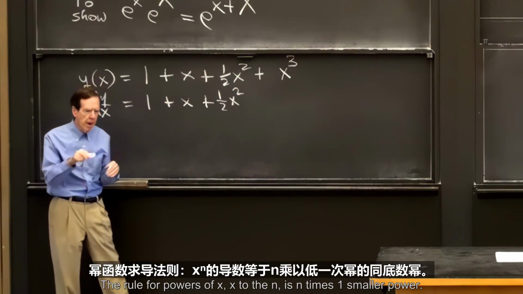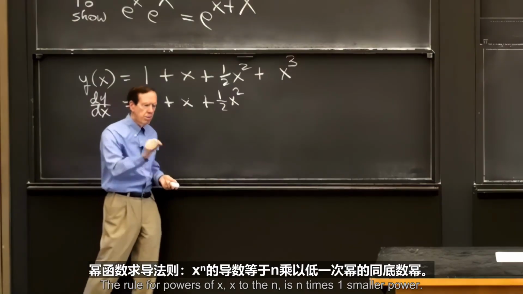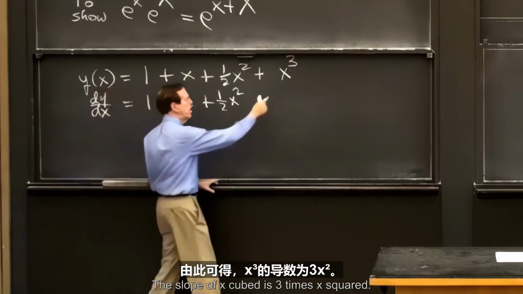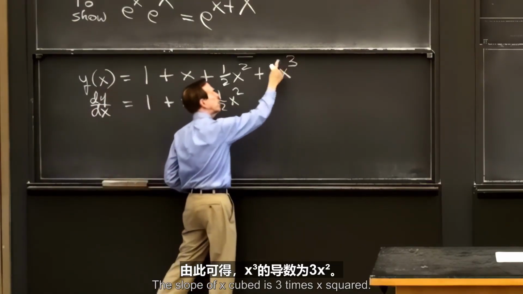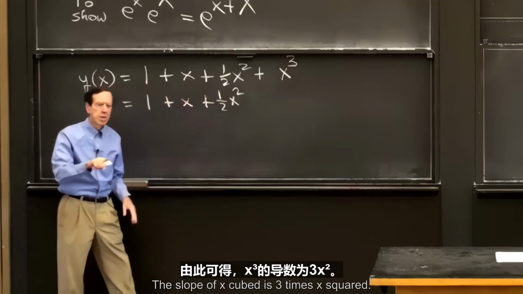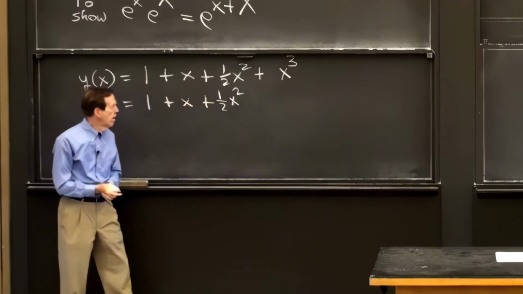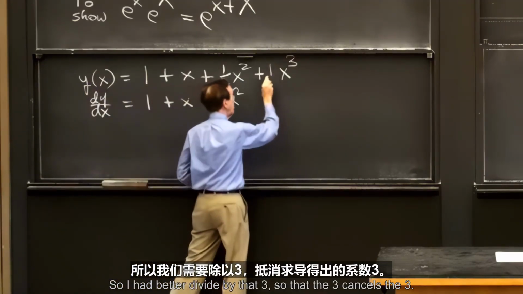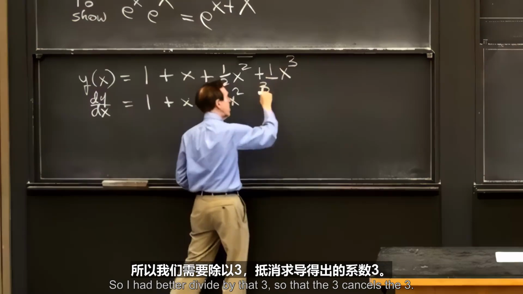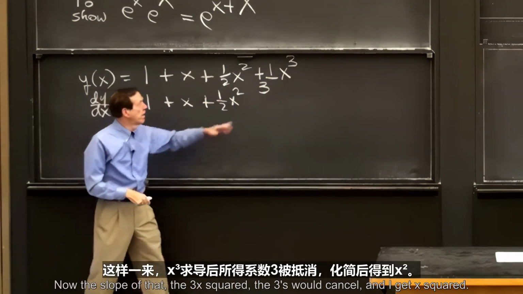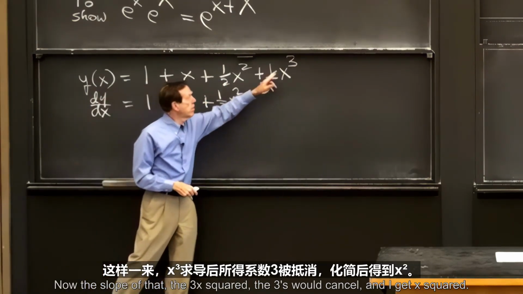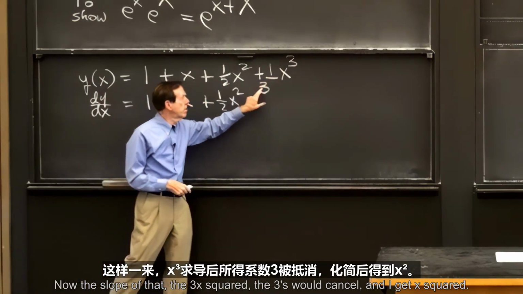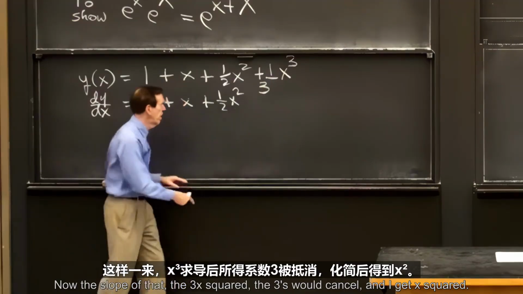The rule for powers of x to the n is n times one smaller power. The slope of x cubed is 3 times x squared. So I had better divide by that 3, so that the 3 cancels the 3.